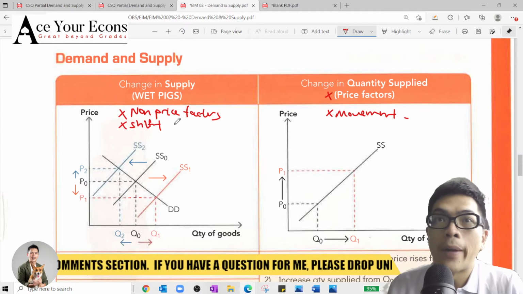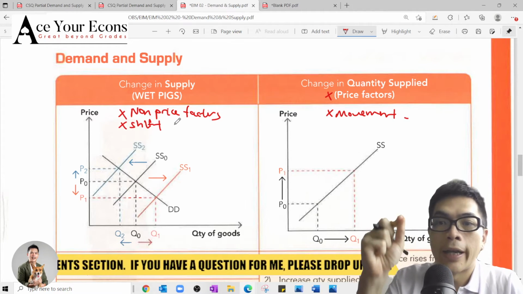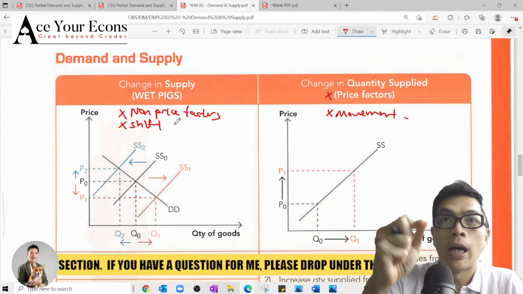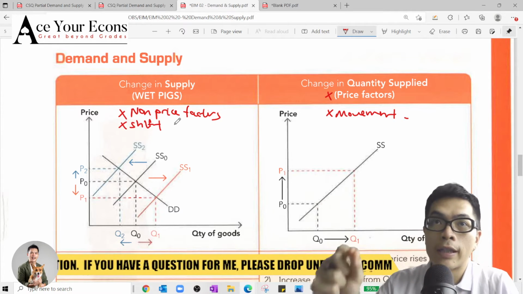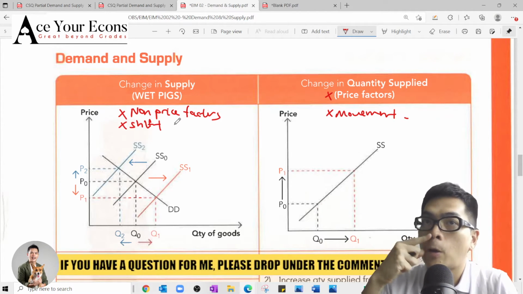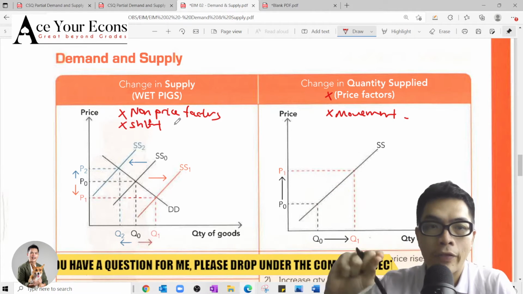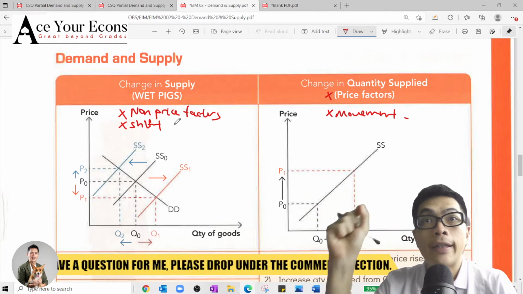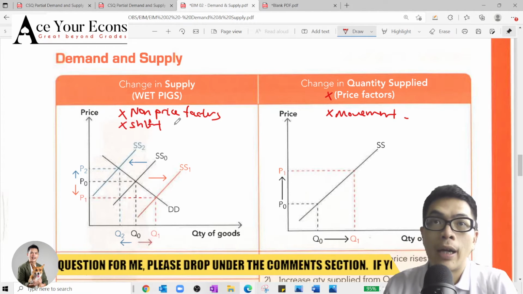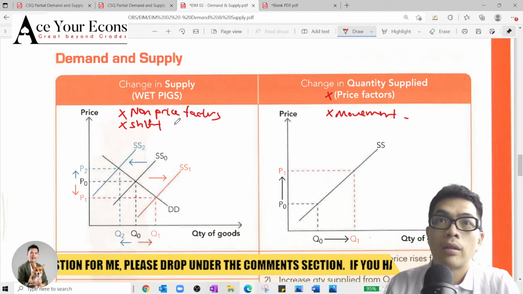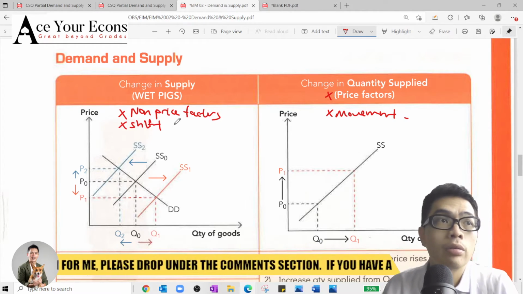This is what I mean by differentiating supply and quantity supplied, demand and quantity demanded. Quantity demanded or quantity supplied is always a movement, it's a price factor. Supply and demand is a change in your demand and supply. So far so good?